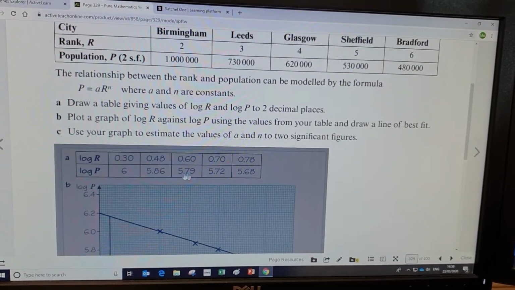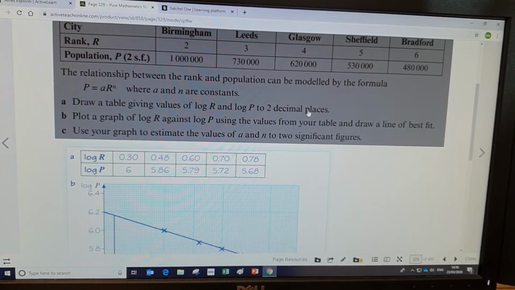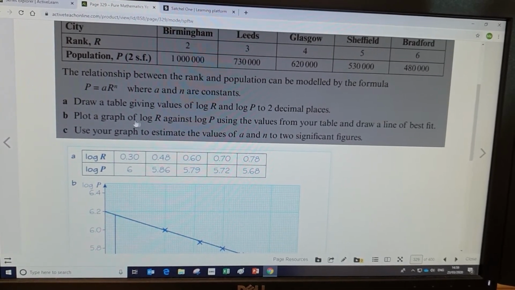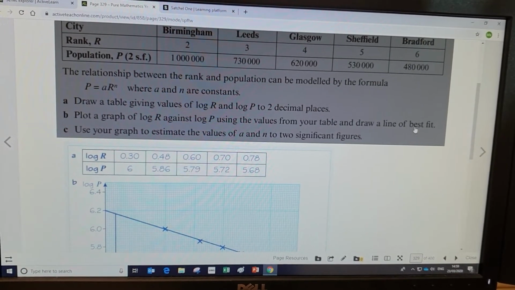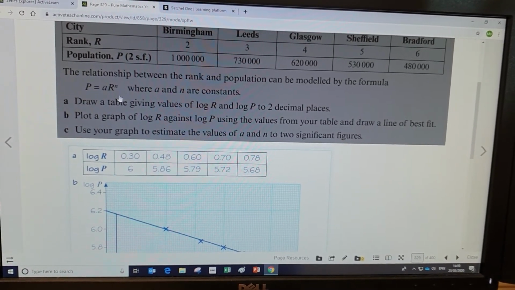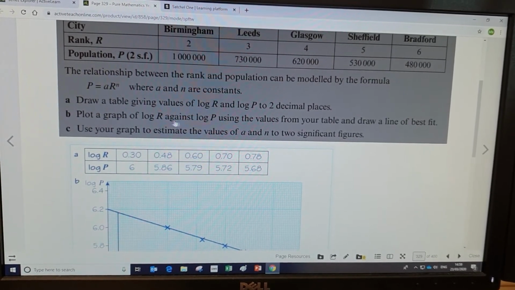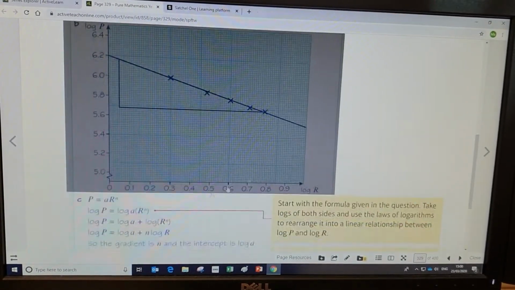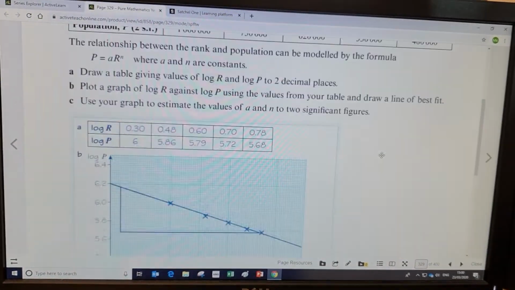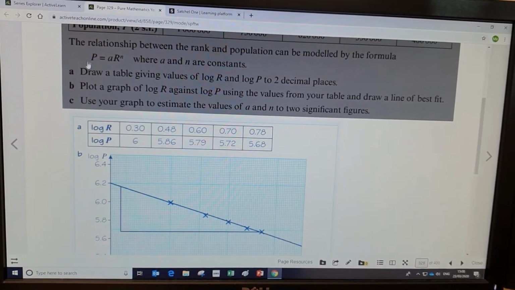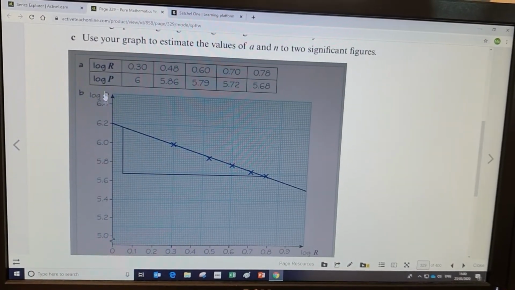Apologies. So once we've got this table, that's answering part A of the question, we're going to plot a graph of log R against log P and draw a line of best fit. Now, if we look in the original equation, R is the same as X. So log R is going to be our X-axis, log R. And P is the same as Y. So log P is going to be our Y-axis.